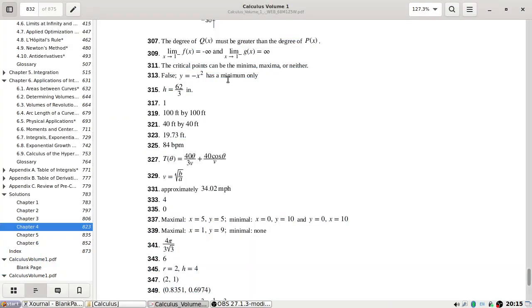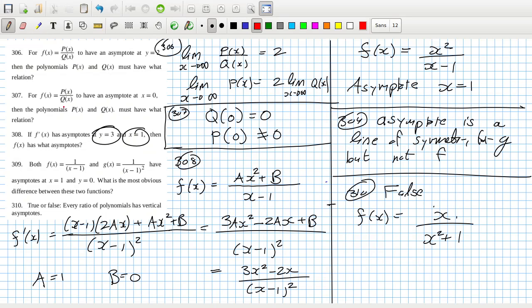Right, 306 no, but we can have 307. The degree of Q must be greater than the degree of P? Oh, so it's not an asymptote at x equals 0.